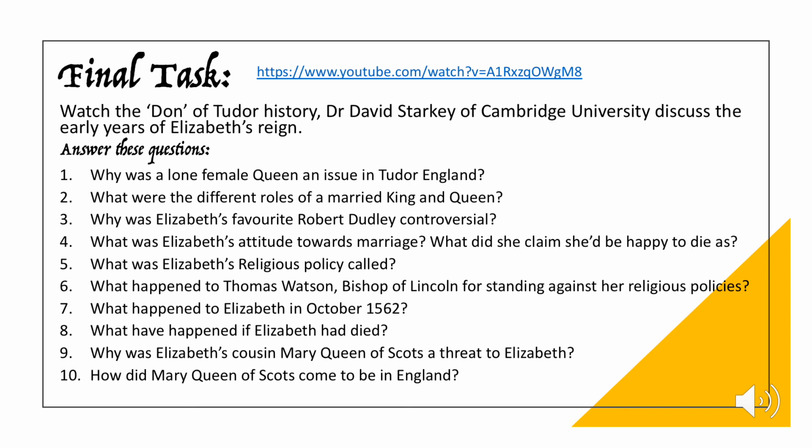What was Elizabeth's religious policy called? What happened to Thomas Watson, Bishop of Lincoln, for standing against her religious policies in 1559? What happened to Elizabeth in October 1562? And what would have happened if she had died? Why was Elizabeth's cousin, Mary Queen of Scots, such a threat? And finally, how did Mary Queen of Scots come to be in England?